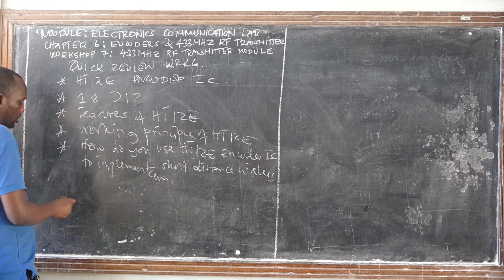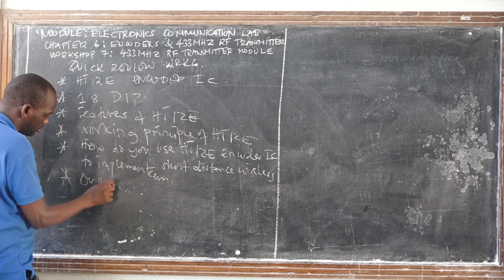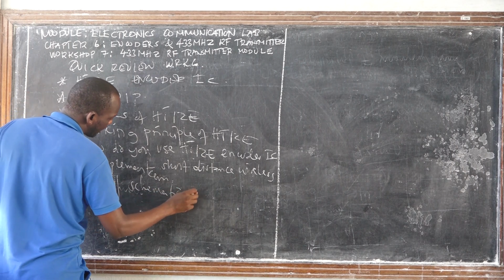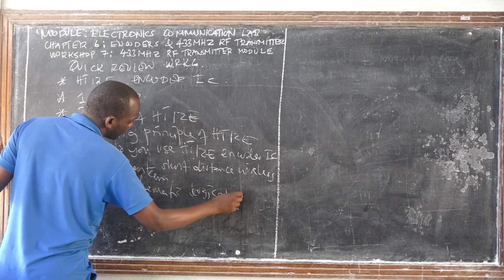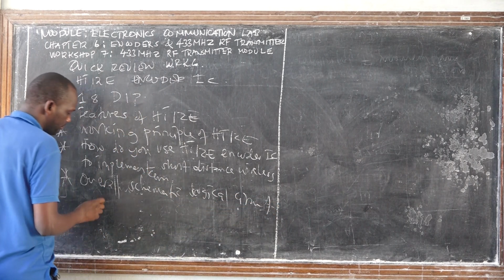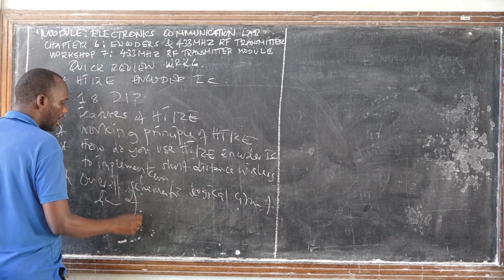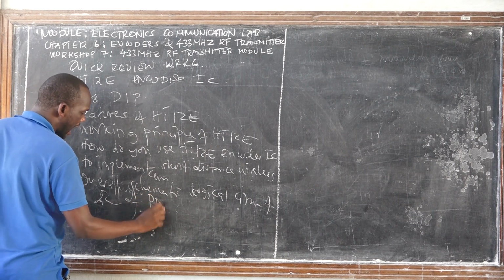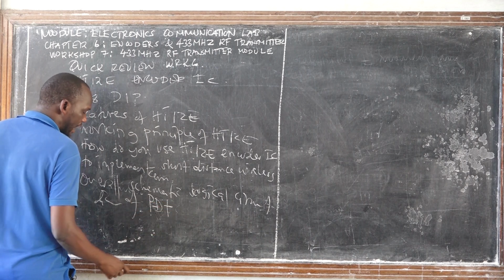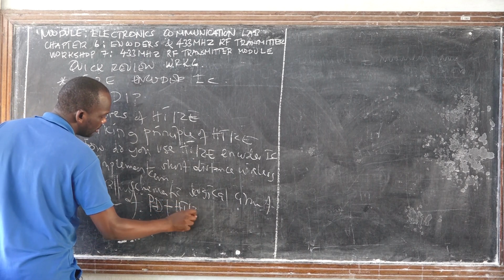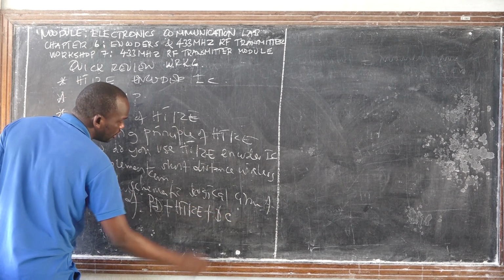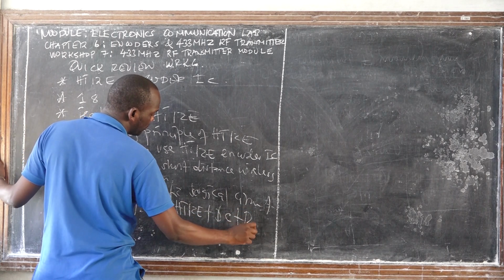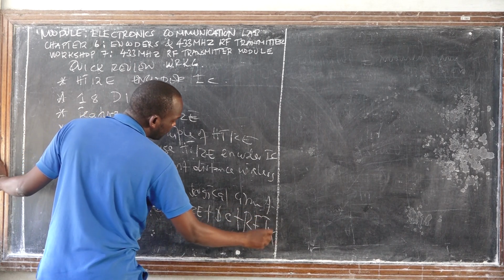Finally, we drew the overall schematic logical circuit diagram of the HT12E, with the pull-down resistor network, the HT12E encoder, the DC power supply, and the RF transmitter as the output.